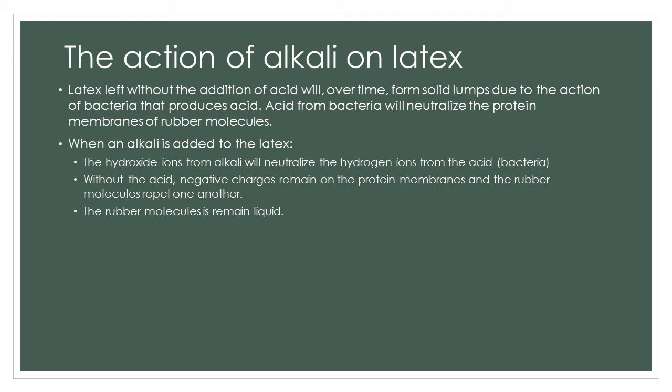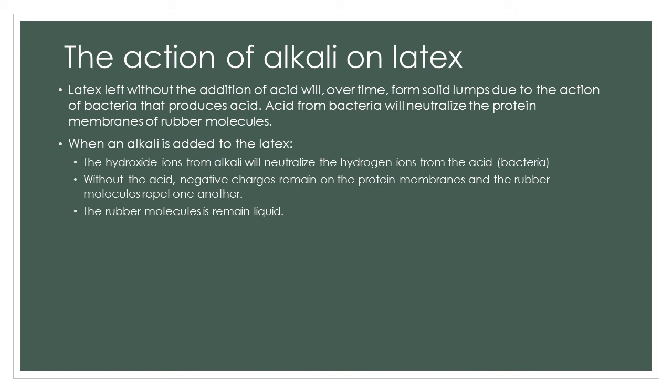From the alkaline, it will neutralize the hydrogen ion from the acid of the bacteria. So when we add alkaline, the hydroxide ions help to neutralize the acid produced by bacteria.